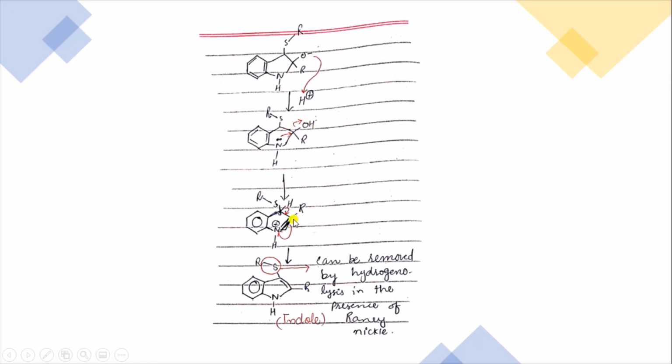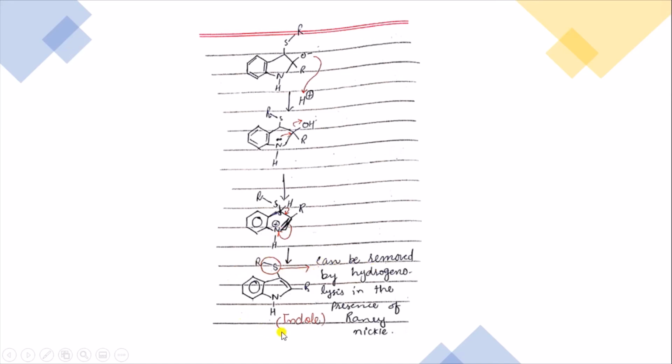In the next step we have R here, and S, and with S we have H. This H will transfer its electron density here, and then we have a double bond, and this electron density will transfer onto this nitrogen to make it neutral. And there we have RS, which can be removed if we want.